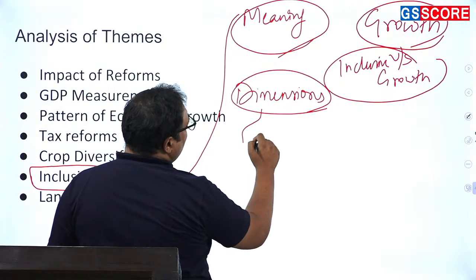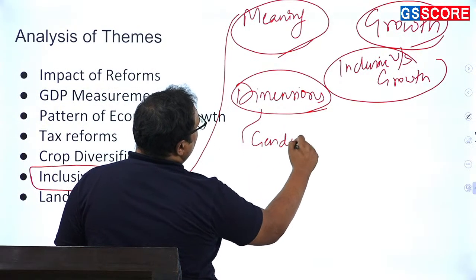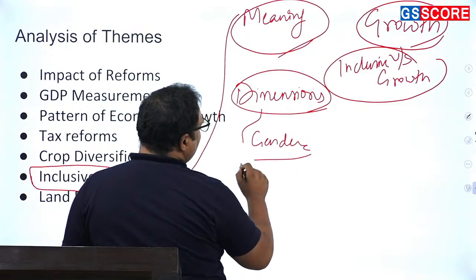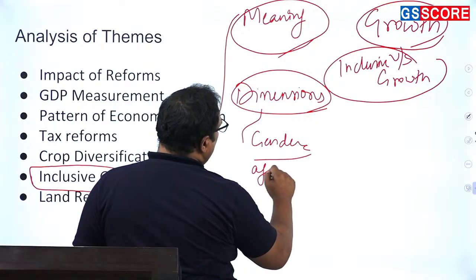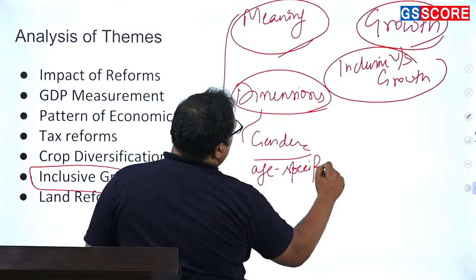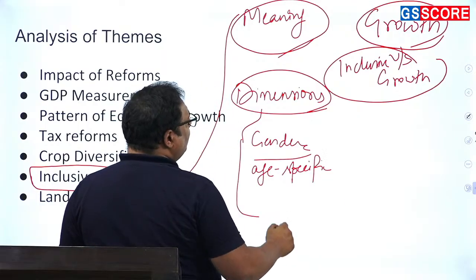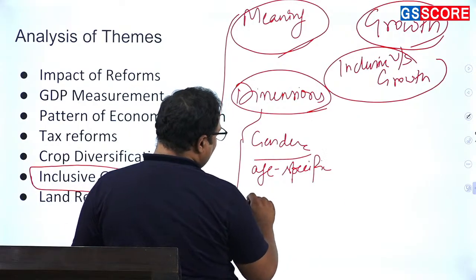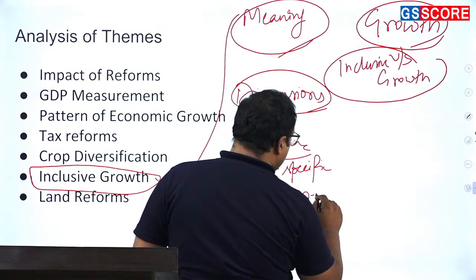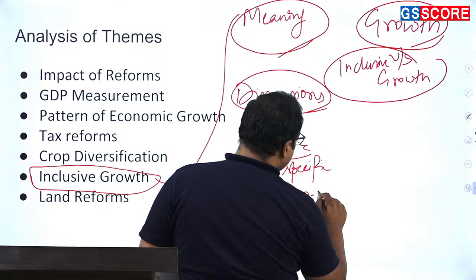These can be gender specific. Women may not get the benefit. These can be age specific. Old people may not get the benefit. But more important in the Indian context today is region specific. Regional inequality is a very big problem in India.